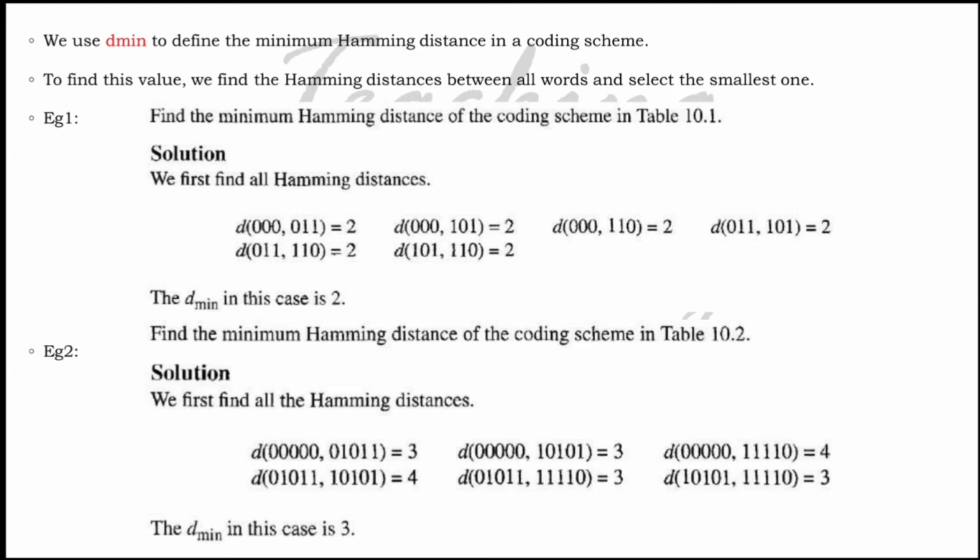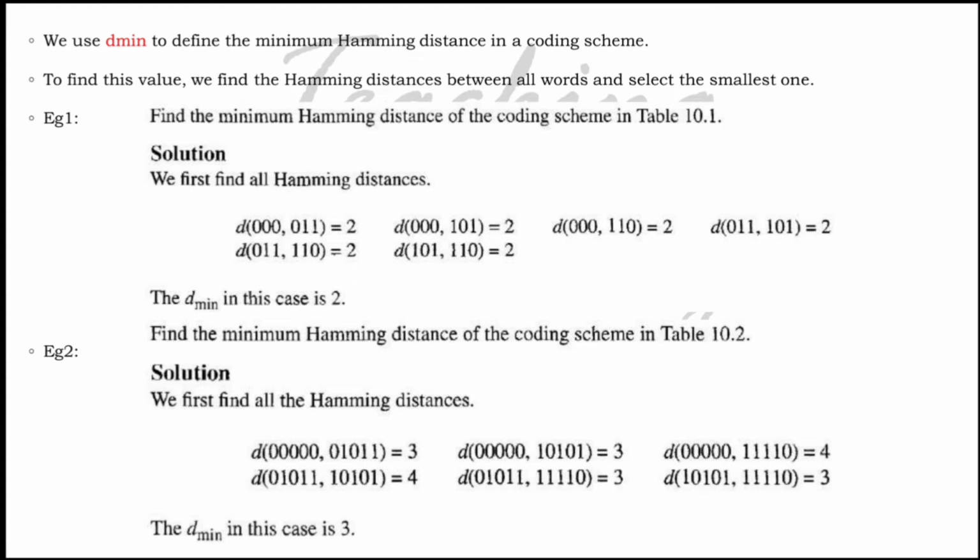We do the same process for 000 and 101. There the result will be 1, 0, 1, so there are also 2 ones. Everything has a Hamming distance of 2, so the minimum Hamming distance will be 2.